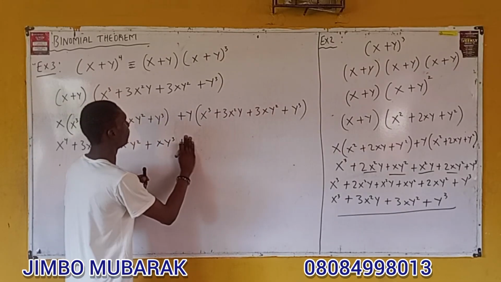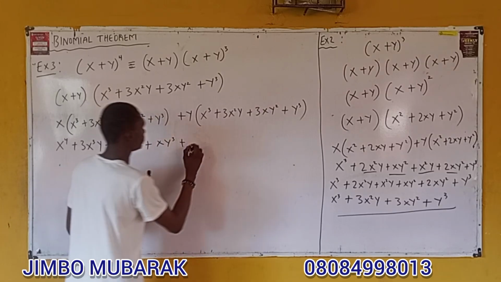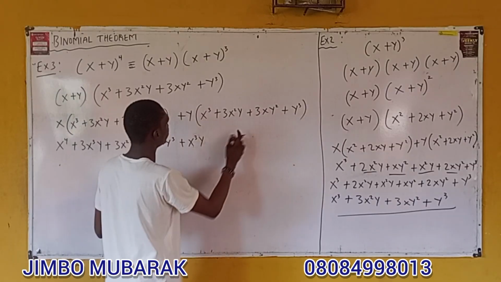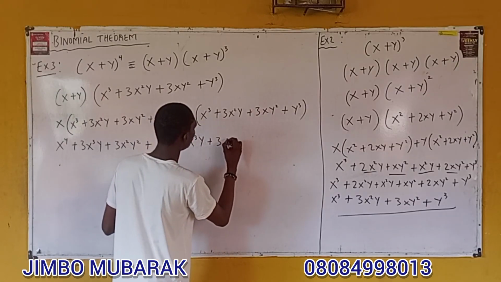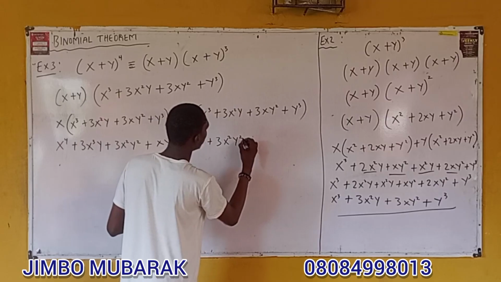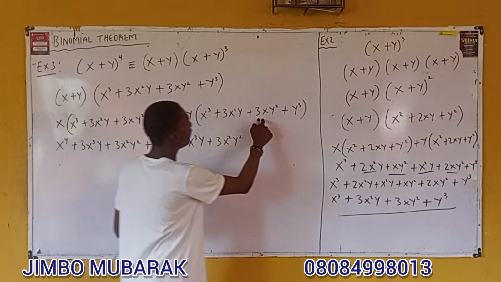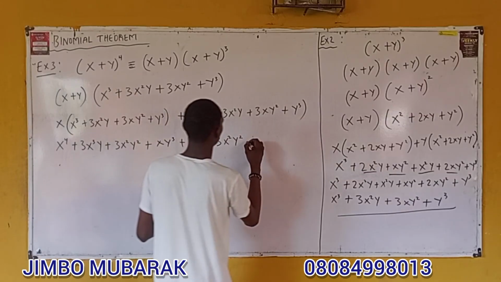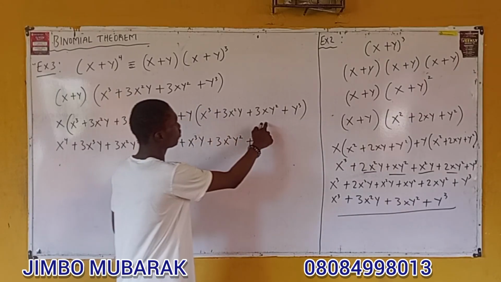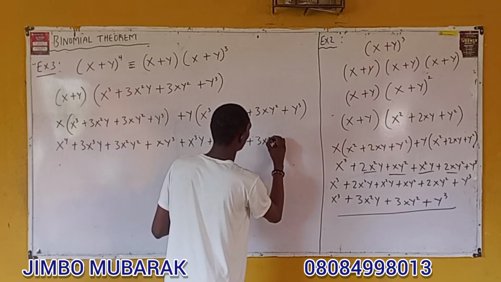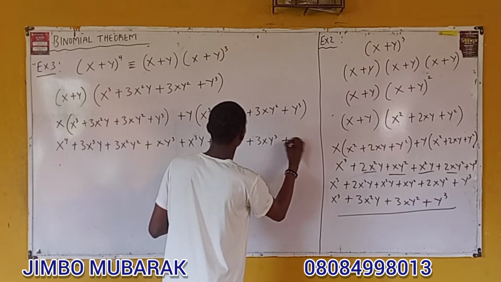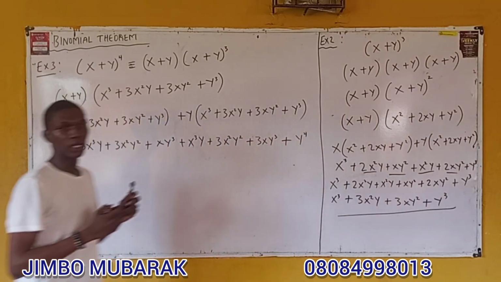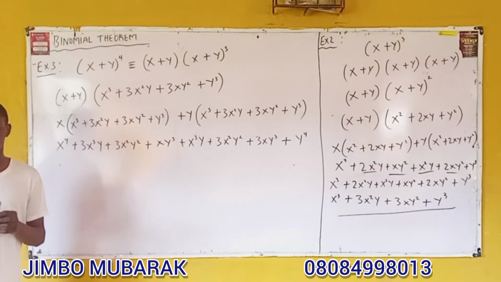Plus what? y times x cube will be what? x cube y. y times 3x square y will be what? 3x square y square. y times 3xy square will be what? 3xy cube. Plus what? y raised to the power 4. Are we good? We are not good.